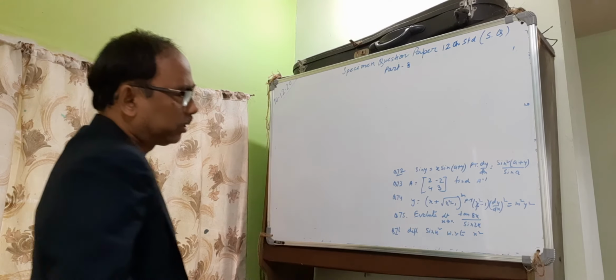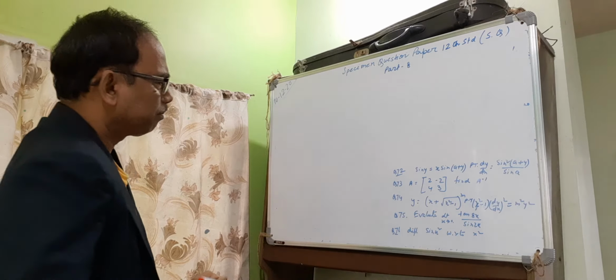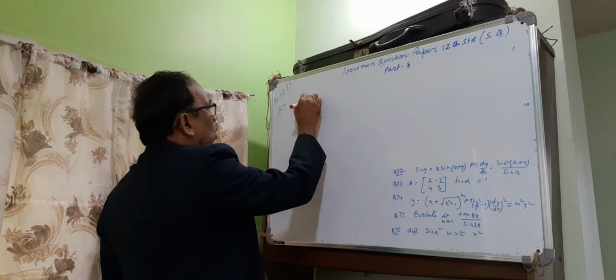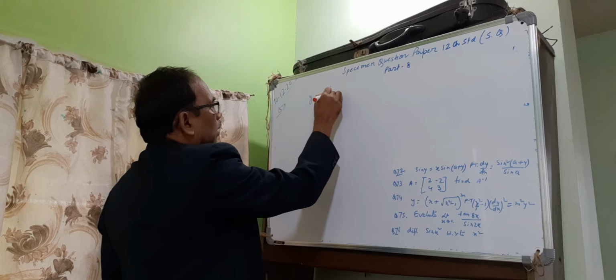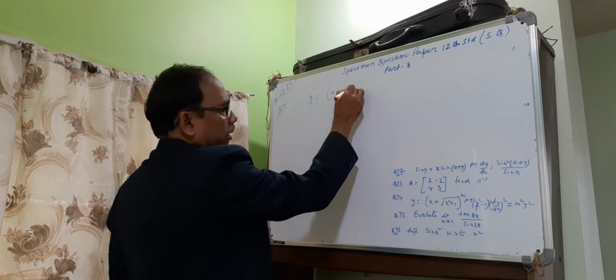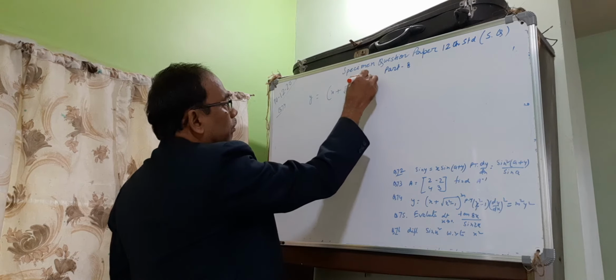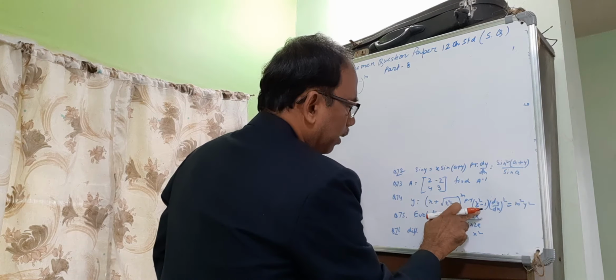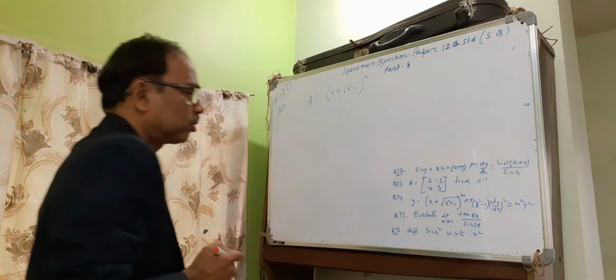It is a different derivative sum. Question number 74. y equals x plus root over x square minus 1, whole to the power m. We have to prove x square minus 1 into dy by dx whole square equals m square y square.